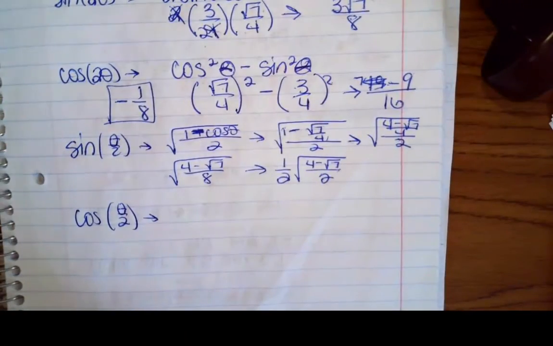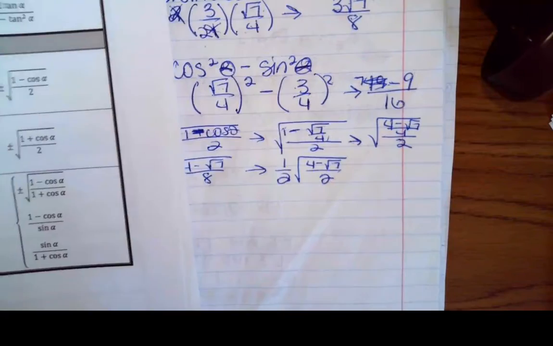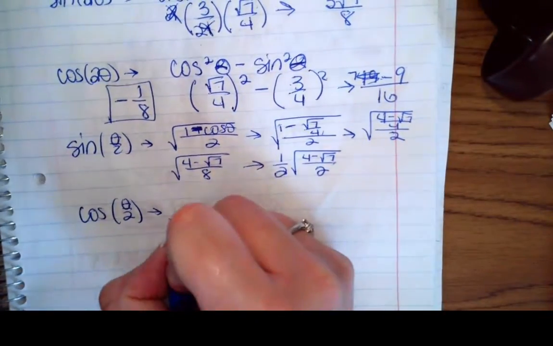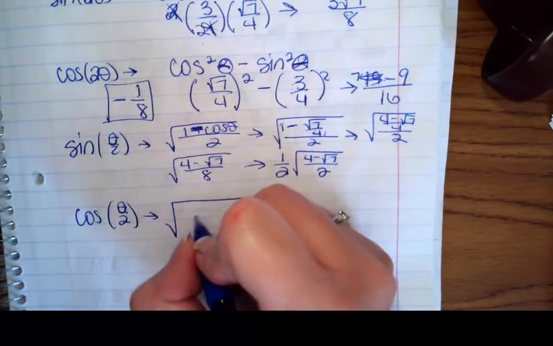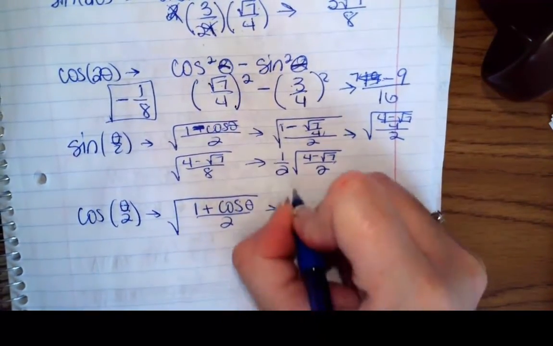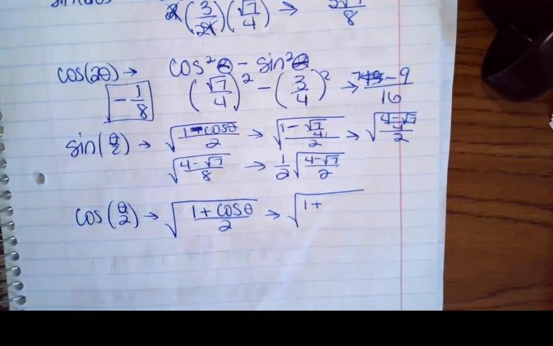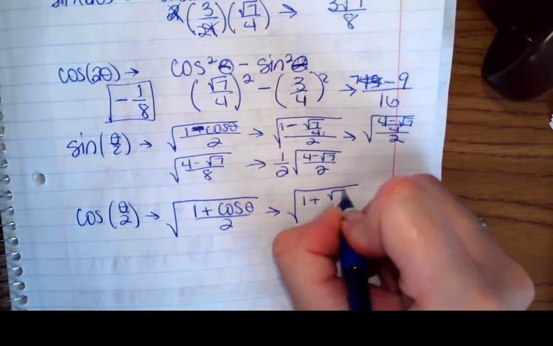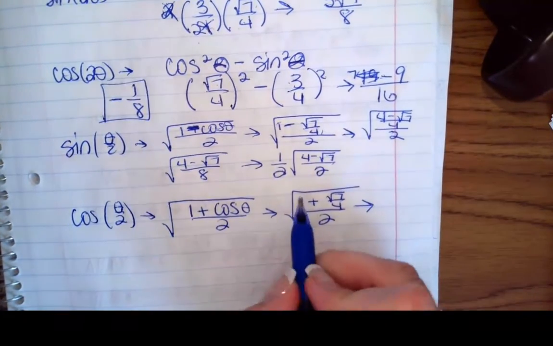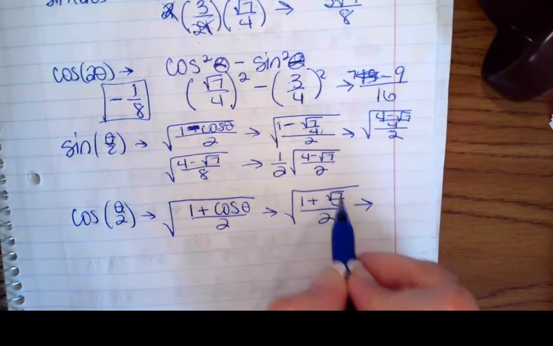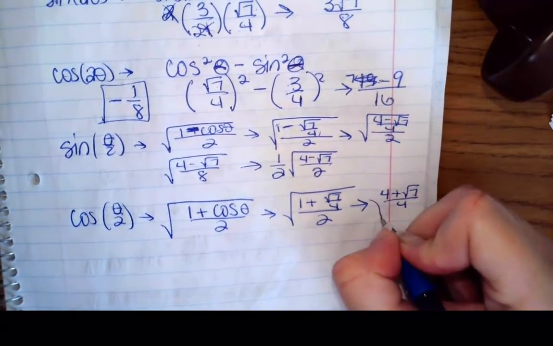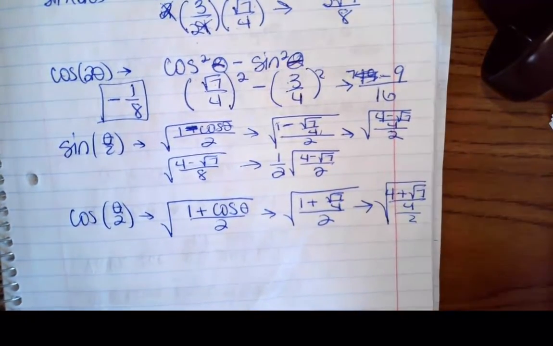All right, so let's try the cosine of theta over 2. So I'm in quadrant 1. I know it's going to be a positive ratio, and it's going to be 1 plus. So I have the square root of 1 plus cosine theta over 2, which is going to be 1 plus root 7 over 4 over 2, which is going to give me 4 over 4 plus root 7 over 4 is 4 plus root 7 over 4 all over 2.